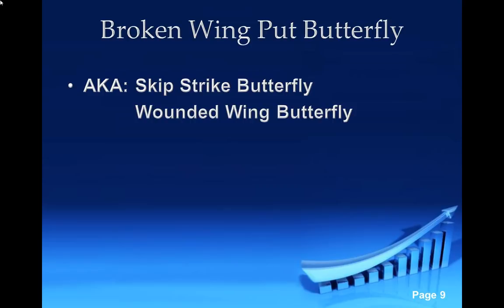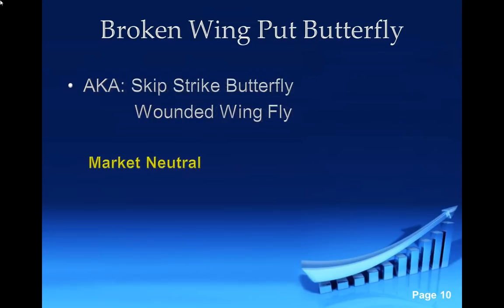Everybody's got their name for it. You could say skip strike butterfly, or wounded wing butterfly, which I've also heard. I don't know if I've heard unbalanced butterfly, but it very well could be the same thing with a different name.